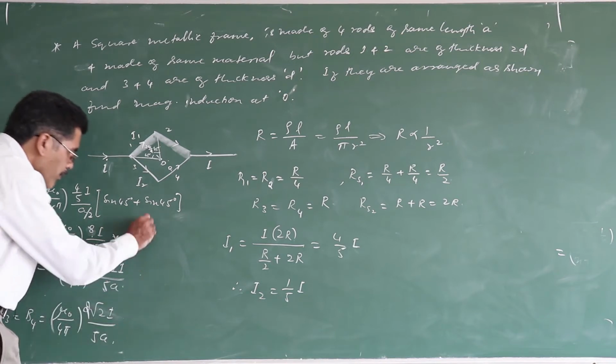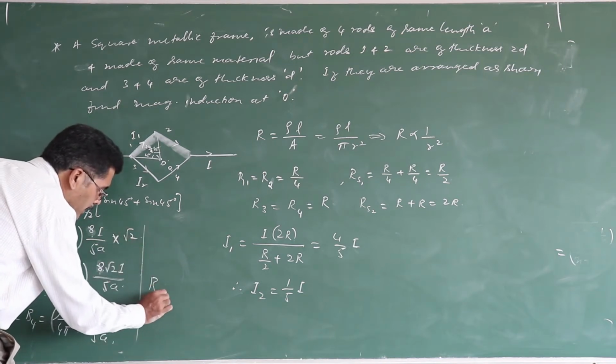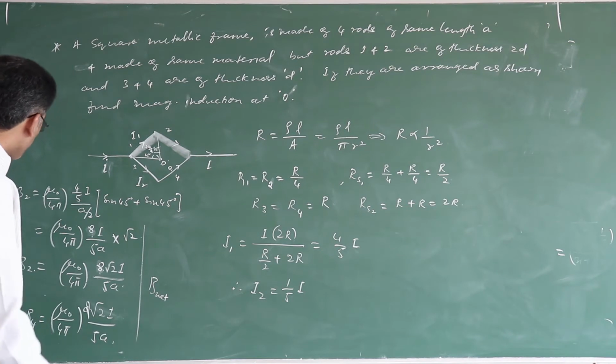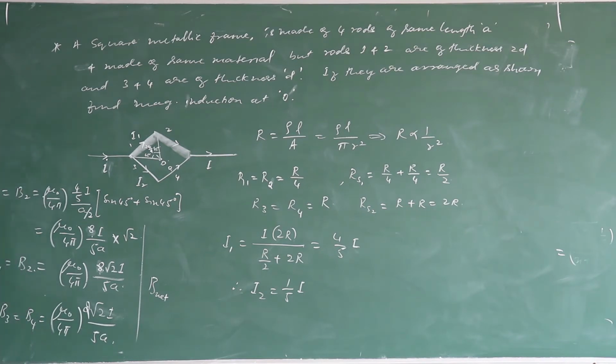Now you please find out what B net is. B net is equal to, you must add these two, and you must add these two.